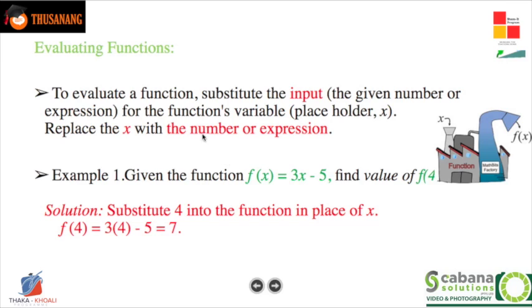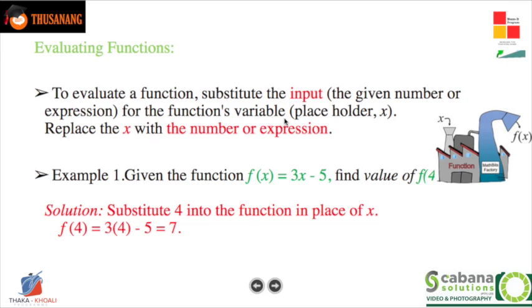There are a few steps that we can follow when evaluating a function. To evaluate a function, we substitute the input. Remember, in our function notation, I did show you what an input is. The input can be a given number or an expression. Then we substitute it for the function's variable.